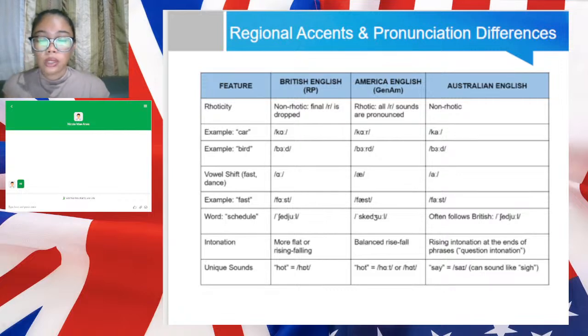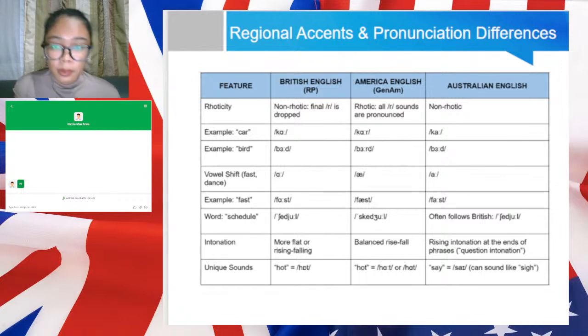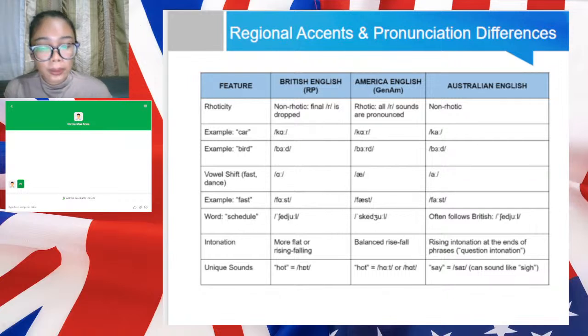You don't have to memorize or perfectly adapt these particular English accents, but you should be able to understand how they vary depending on where they come from or where they are spoken.